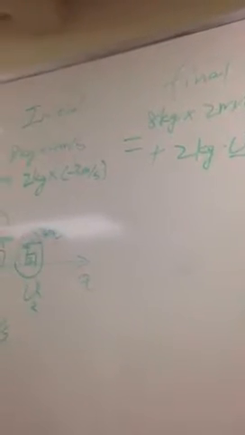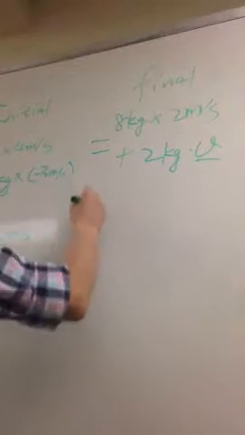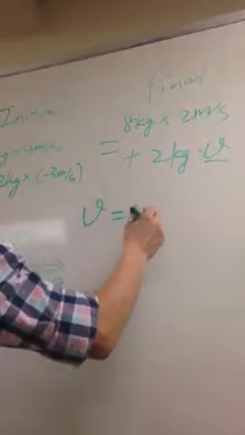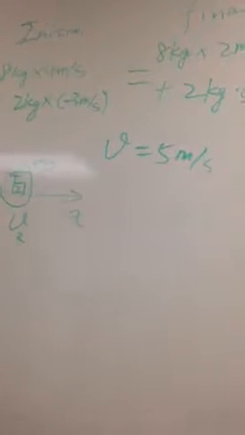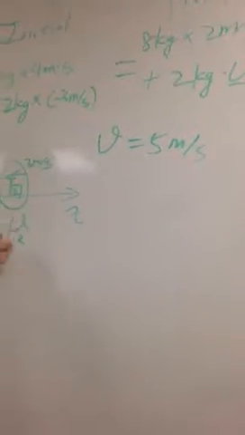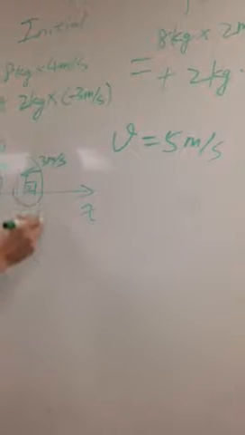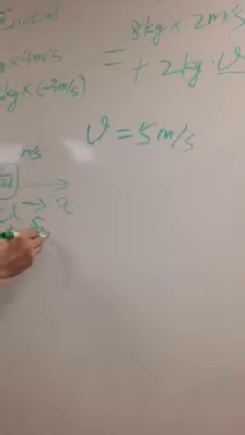And they should be equal to each other, right? If you calculate, the velocity will be 5 meters per second. So after the collision, this one is moving 5 meters per second.